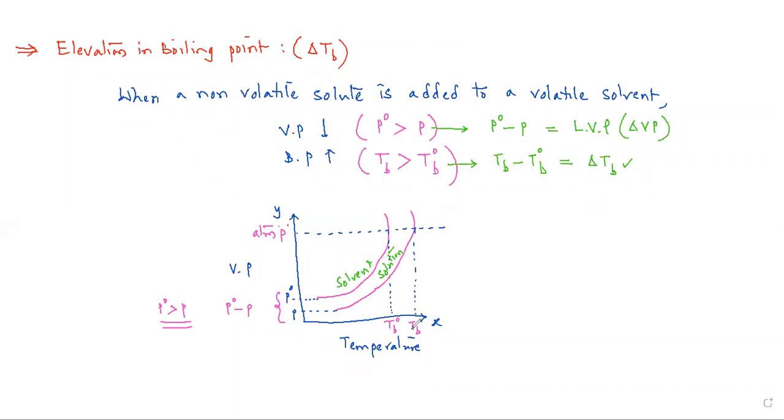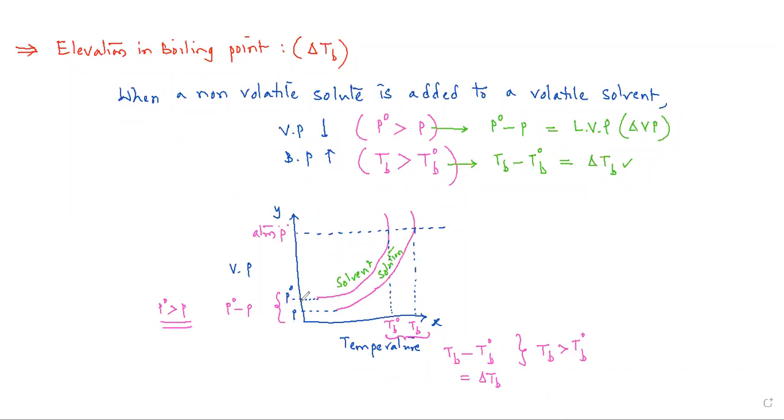We have given all the details properly. Now from this, we can give it as TB is greater than T naught B. So this is, of course, delta TB. Very clear from the graph. We have proved everything.